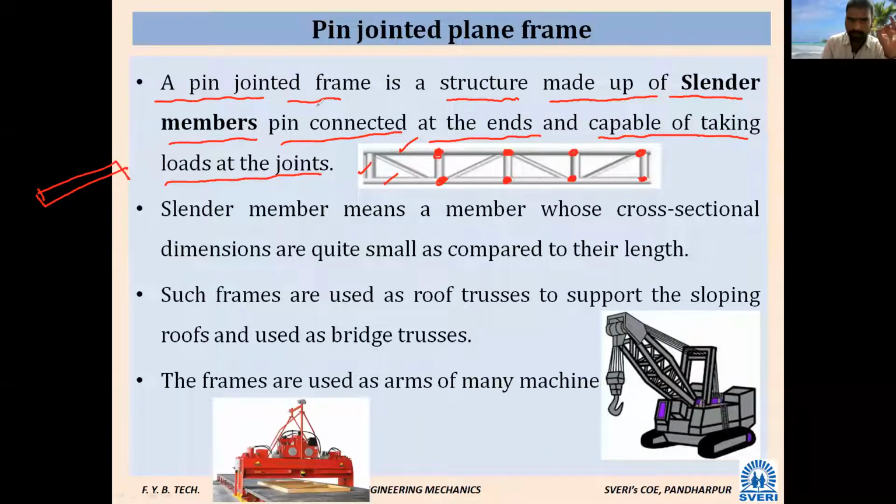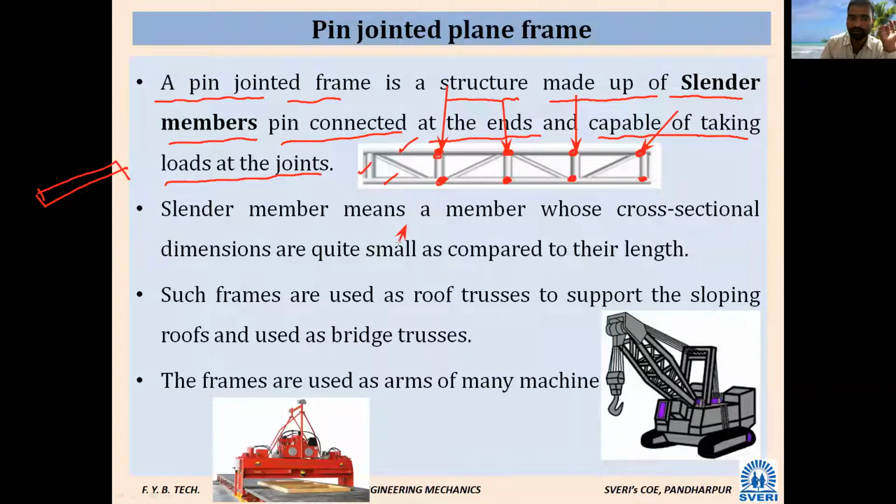What does pin jointed frame mean? It is a structure made up of slender members, pin connected at the ends and capable of taking the loads at the joint. So wherever there is a joint, the loads are acting there. Always the load acts at the joint only, at the nodes.